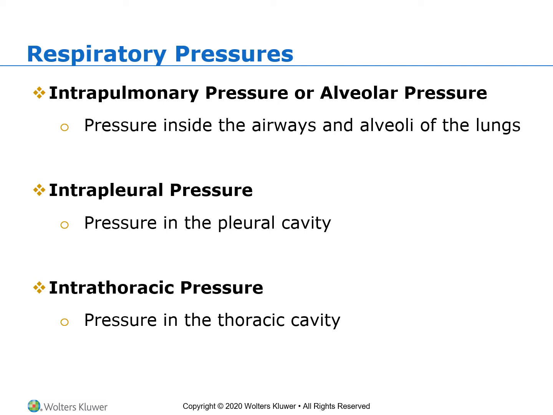Last, we have to talk about intrathoracic pressure, which is the pressure in the thoracic cavity. This is equal to the intrapleural pressure, and it is the pressure to which the lungs, the heart, and great vessels are exposed. If we do forced expiration against a closed glottis, such as during defecation or the Valsalva maneuver, we see an increase in intrathoracic pressure.